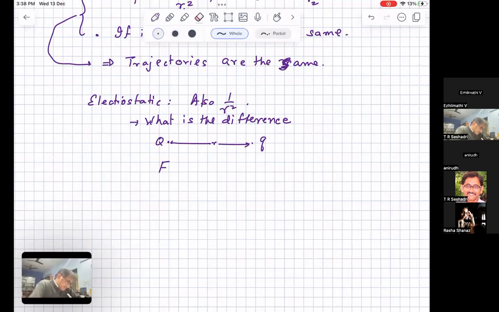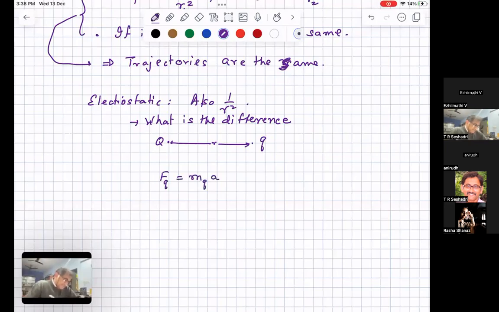We know that the force on q is equal to the mass of q times the acceleration of q. I'm just writing the magnitude because I'm looking at radial motion. But the force on q is also equal to 1 by 4 pi epsilon naught, capital Q by R square, times q.